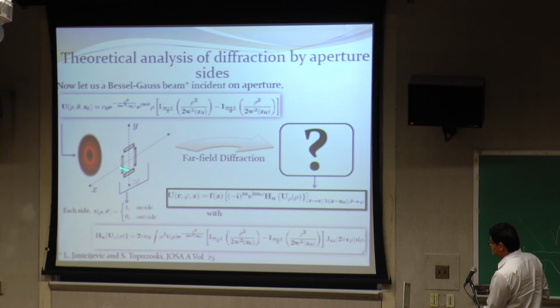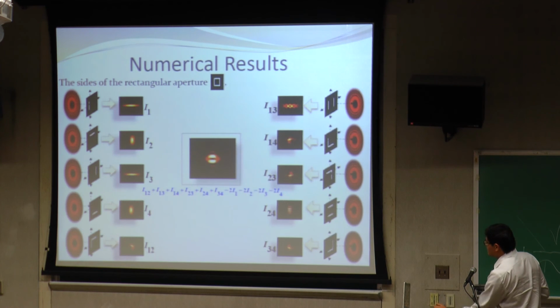So, if it's one bottom side, left side, upside, and right side, it is possible to reconstruct the intensity pattern using the Bohr rule.